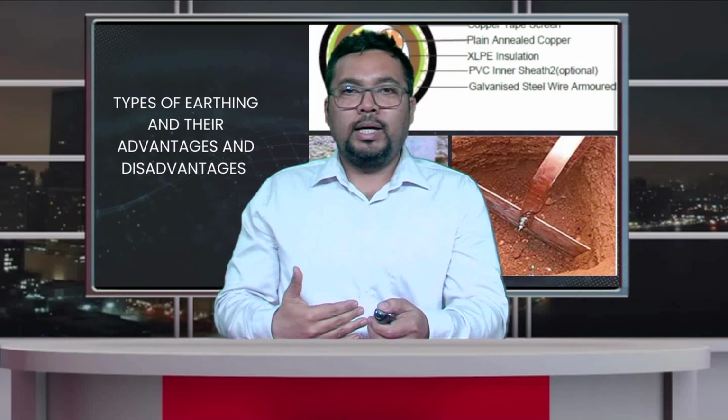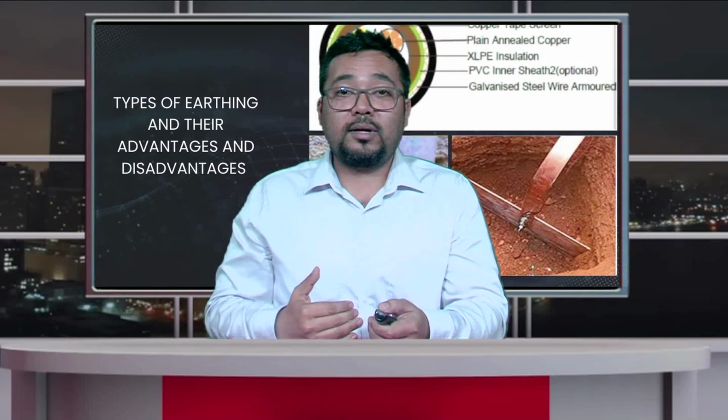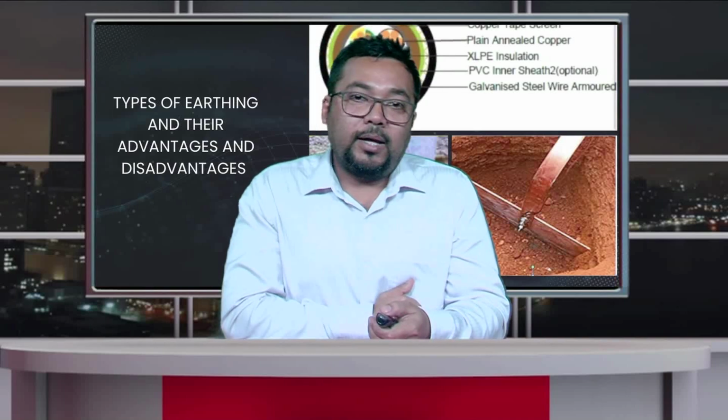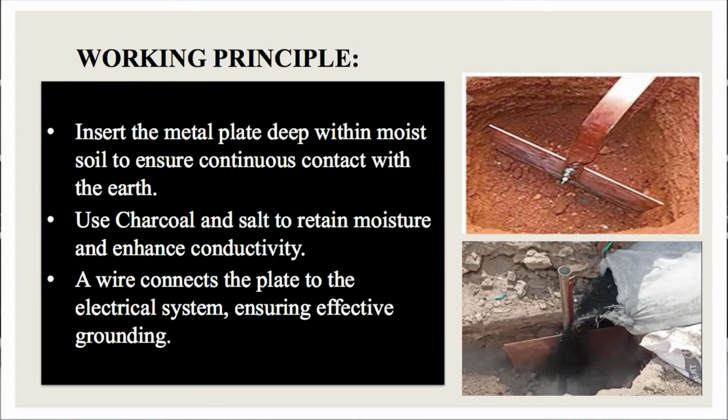This allows electrical faults or leakage current to be safely discharged into the ground through the plate. Charcoal and salt are used to retain moisture, as I said already, and enhance the conductivity. A wire connects the plate to the electrical system, ensuring effective grounding.